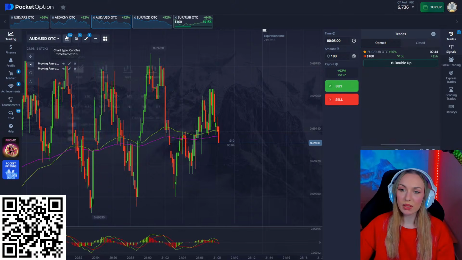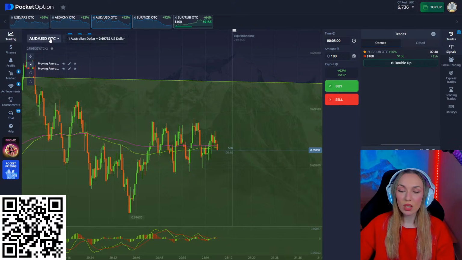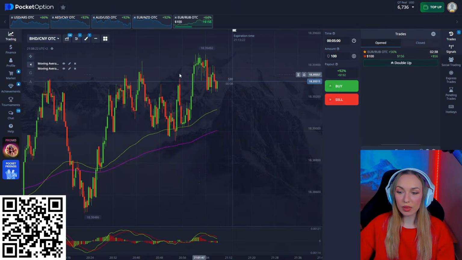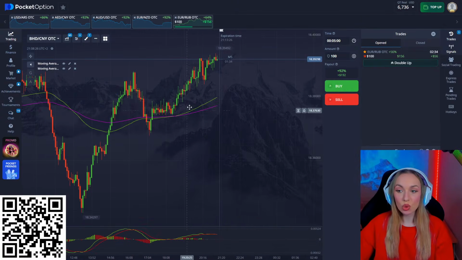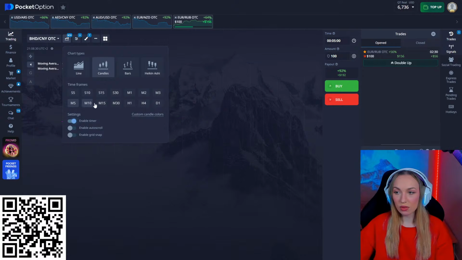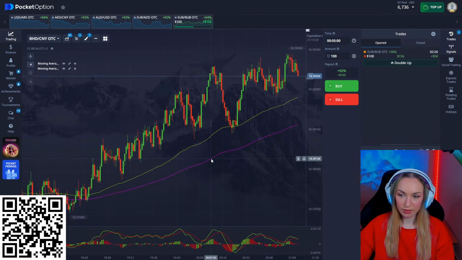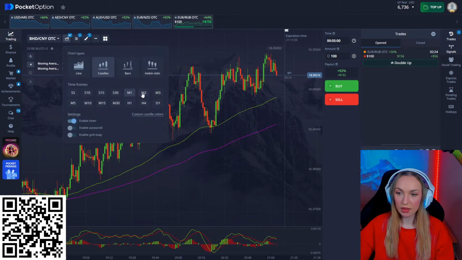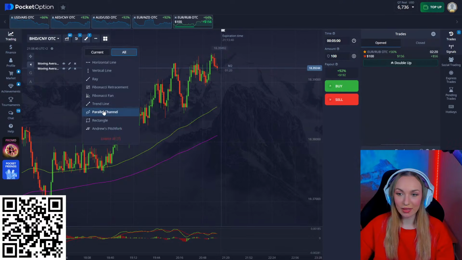But super risky to operate on such small time frame, guys. I do not recommend you to go with a time frame lower than 30 seconds. It's super risky, like really. Even though sometimes it looks super stable and good, it's not that stable as you think.